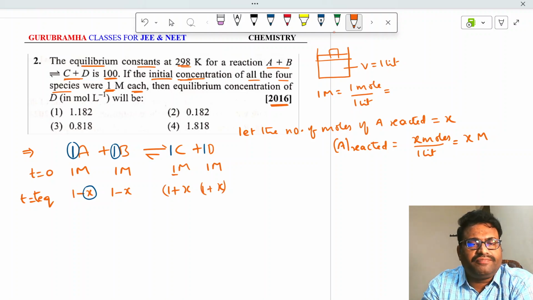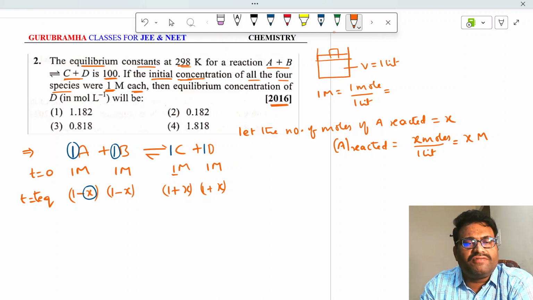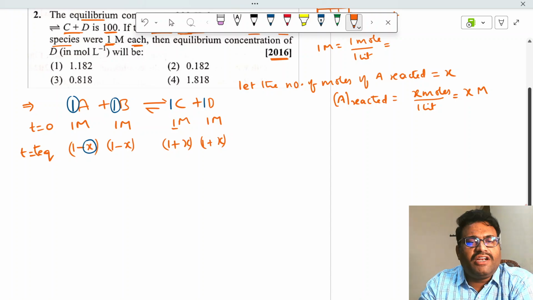Okay. So what are these? These are concentrations. Concentration of A at equilibrium is 1 minus x, concentration of B at equilibrium is 1 minus x, the same way concentration of C at equilibrium is 1 plus x and concentration of D at equilibrium is 1 plus x.